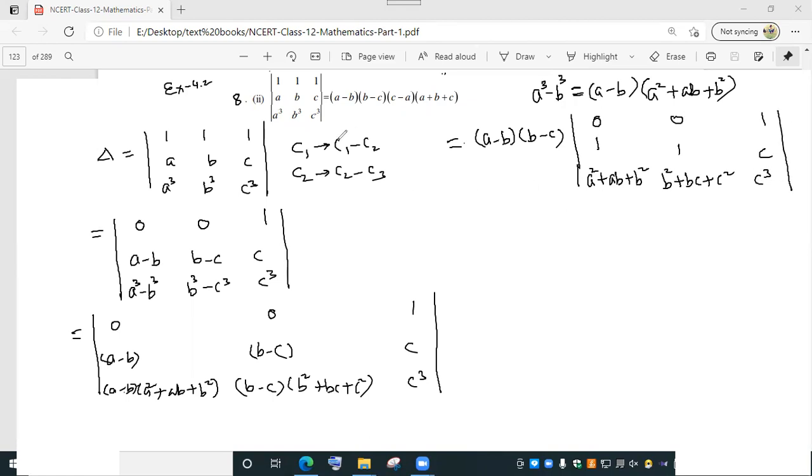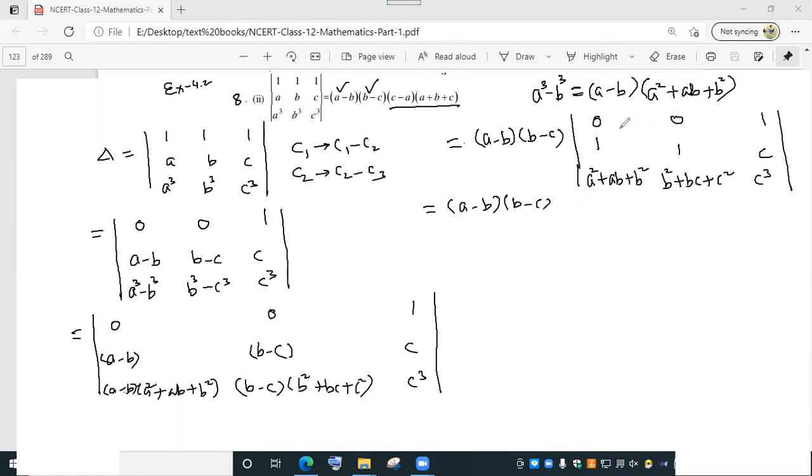We got two factors out, but we have to bring out the third one at least. Here it is not possible. We will try to get c minus a, but we cannot, because there is no a in front of c in any row or column. So in this case we will directly expand it along the first row.